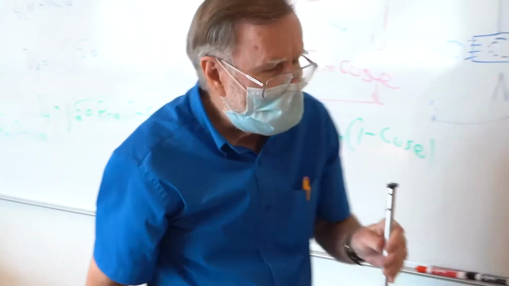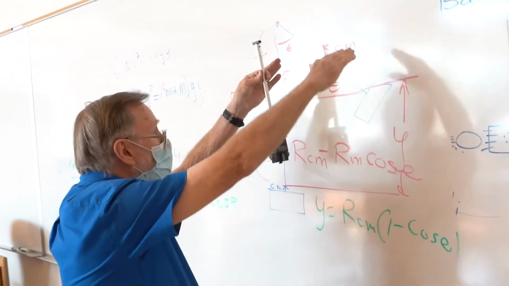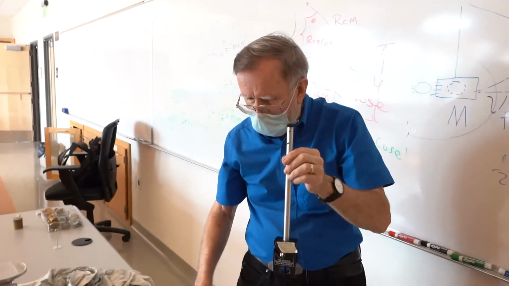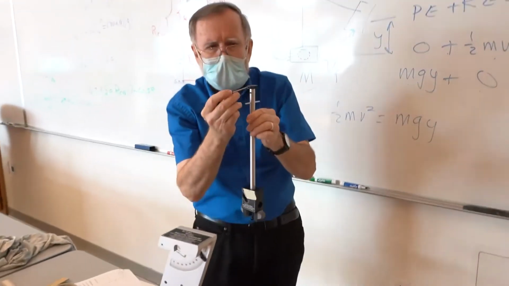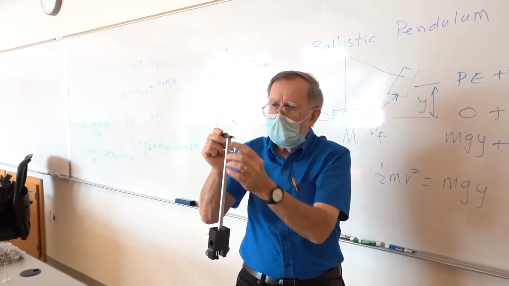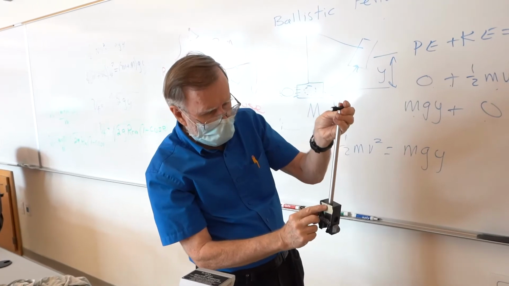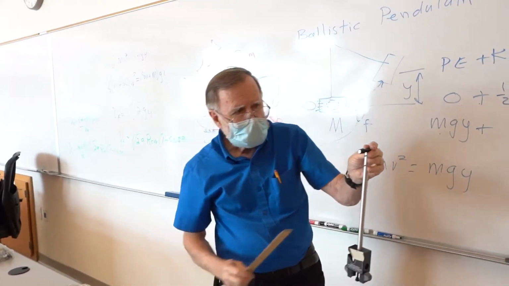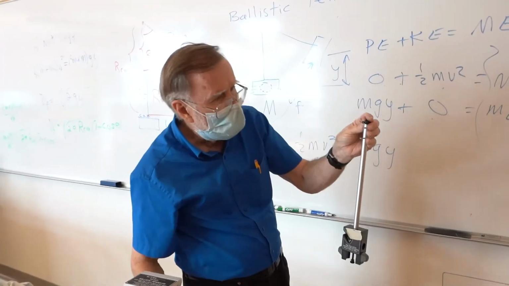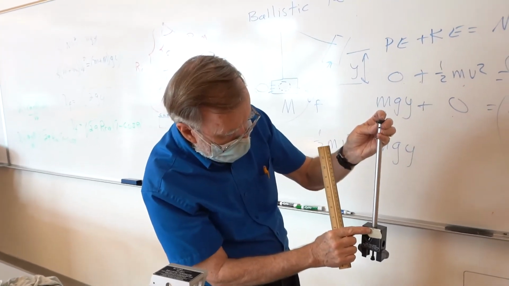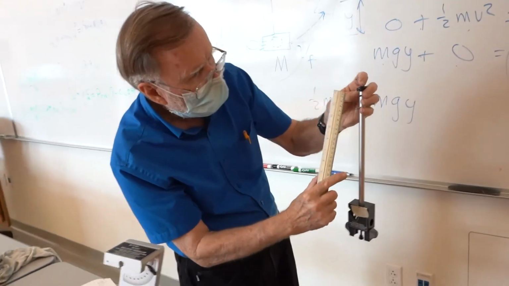So R, the radius of the swinging up of the pendulum, is going to be the distance from where it's pivoted, which is here, to R. So I need to measure the distance from the center of this hole, the pivot hole, to the center of mass.